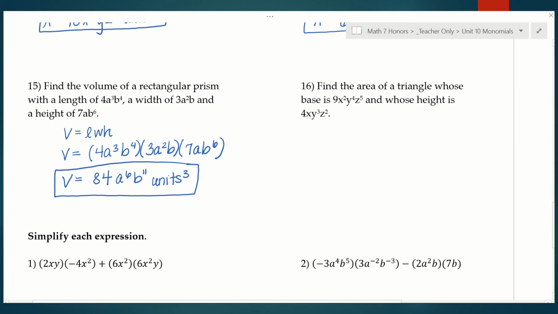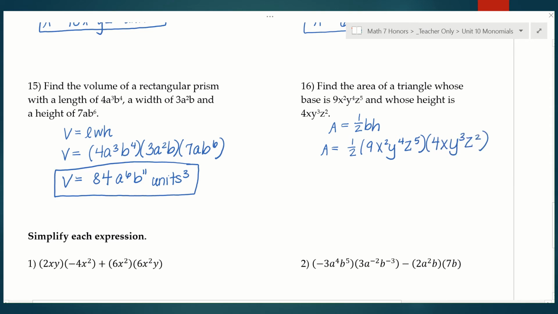Okay, one more application here. Find the area of a triangle whose base is 9x squared y to the fourth z to the fifth, and whose height is 4xy to the third z squared. Okay, so area of a triangle, 1/2 base times height. So our base is 9x squared y to the fourth z to the fifth times our height.